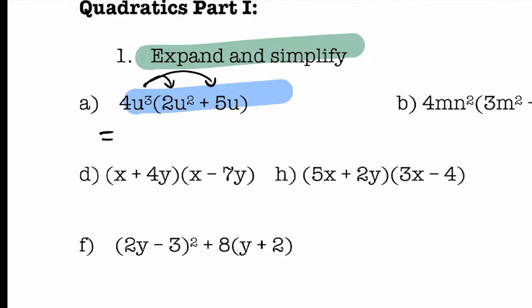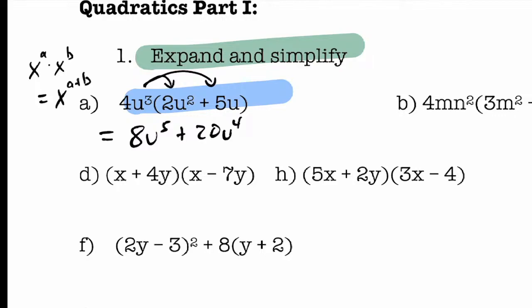When you do that, you multiply the coefficients together, so 4 times 2 is 8. And in this case, you have u to the power of 3 times u to the power of 2, so that's u to the power of 5. Remember, when you multiply with the same base, your exponent laws from grade 9, you add the exponents: 3 plus 2 is 5. And then this becomes 20u to the power of 4.